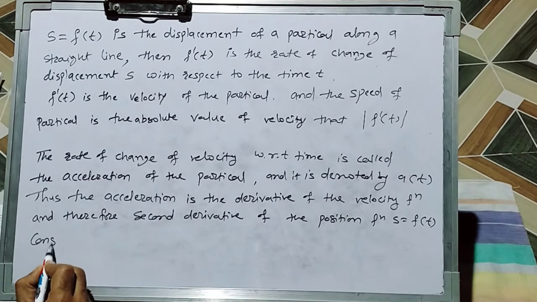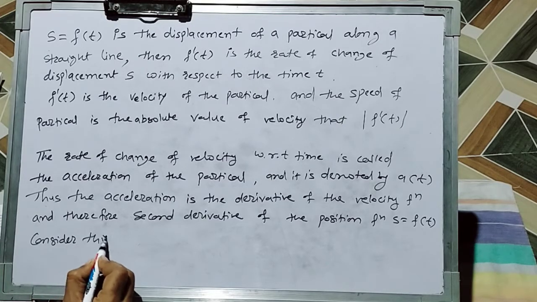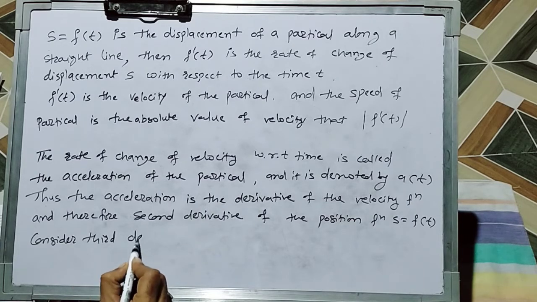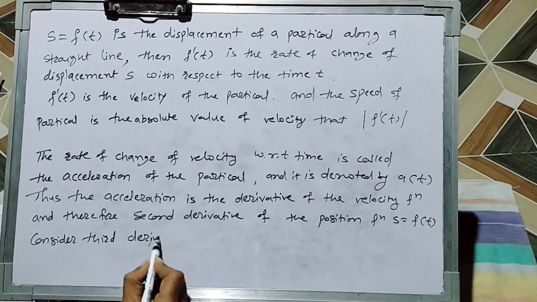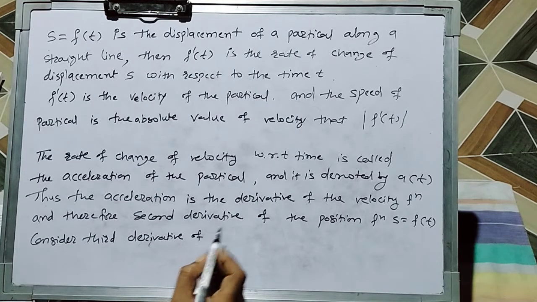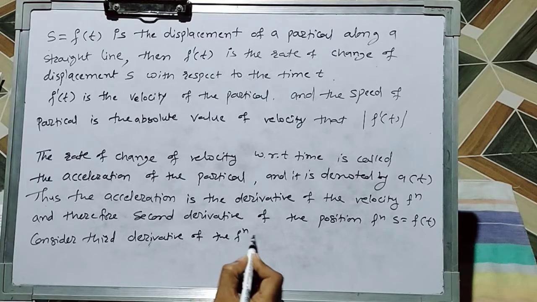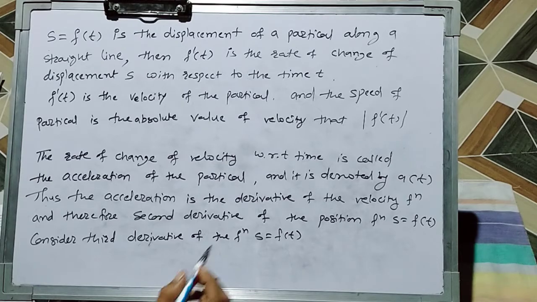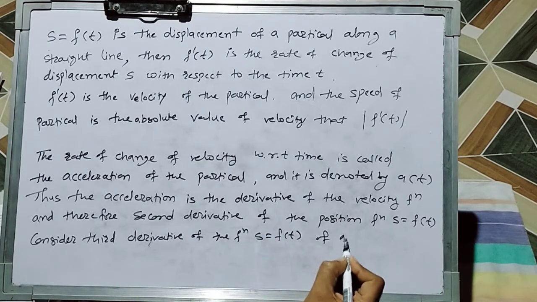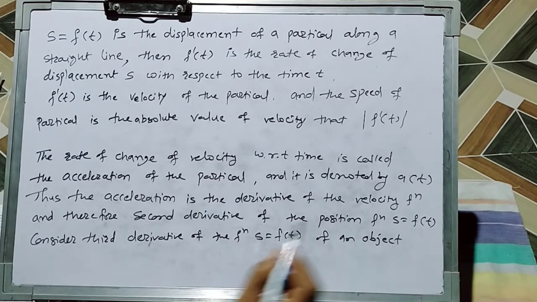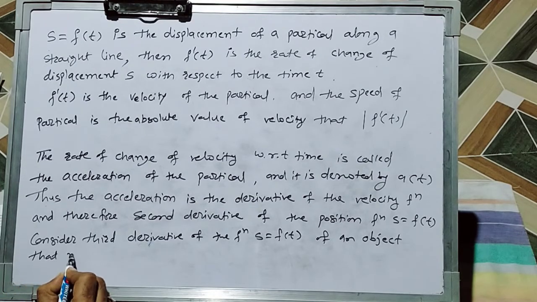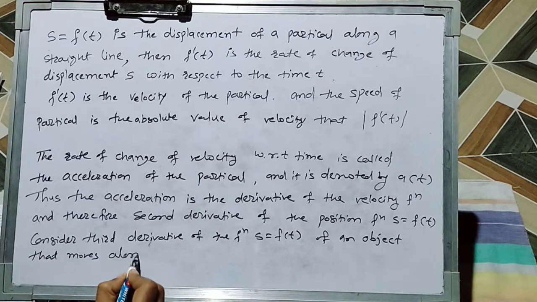Now consider the third derivative of the position function s equals f of t of an object that moves along a straight line.